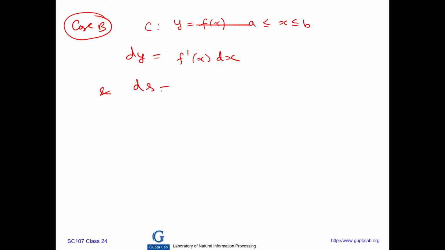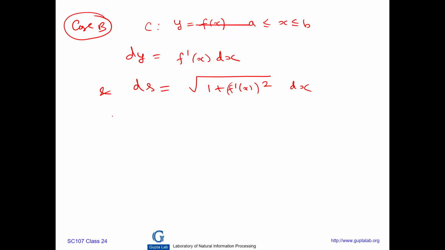Case B. In the earlier case, when we can do the parameterization, I told you how to do it. But if the curve is given by an equation, then dy is nothing but f prime of x dx, and I can use the formula that ds is equal to the square root of 1 plus f prime of x whole squared times dx.